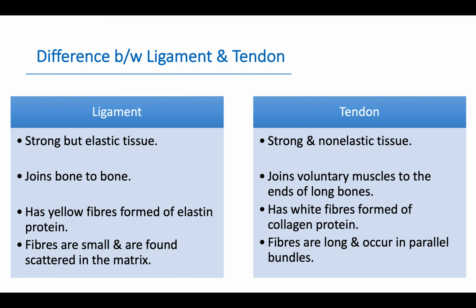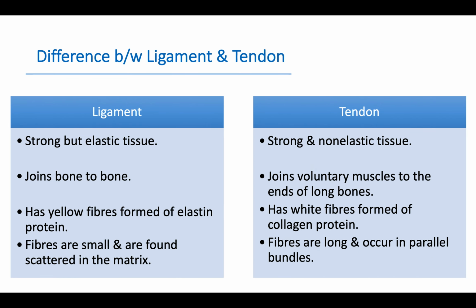Difference between ligament and tendon. Ligaments are strong but elastic tissue, while tendon is strong and non-elastic tissue. Ligament joins bone to bone, while tendon joins voluntary muscles to the ends of long bones.